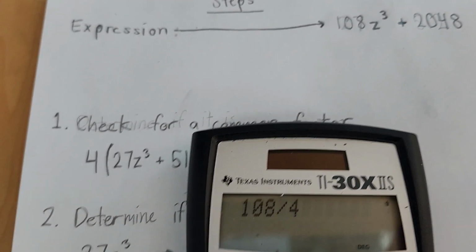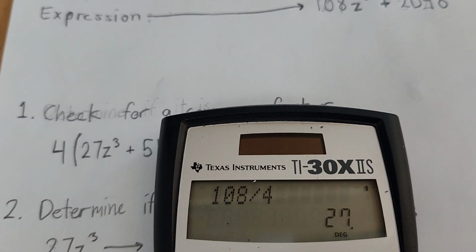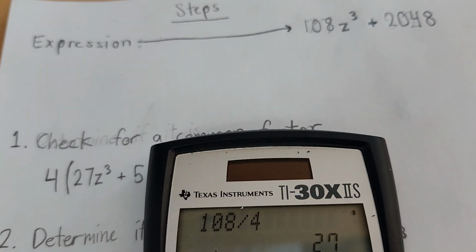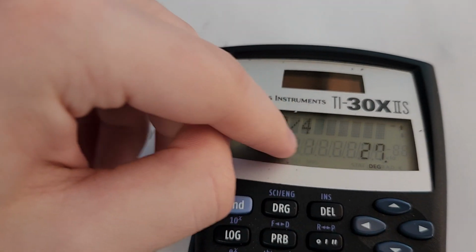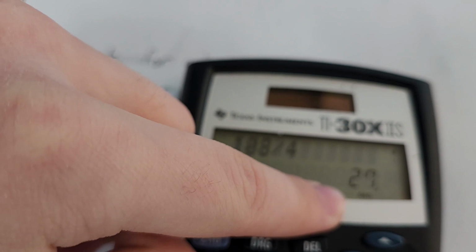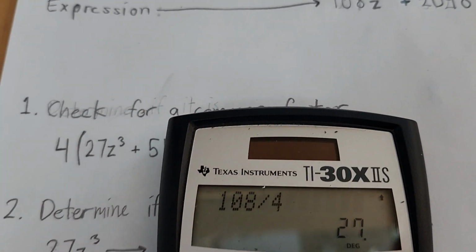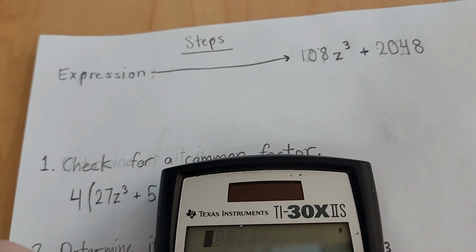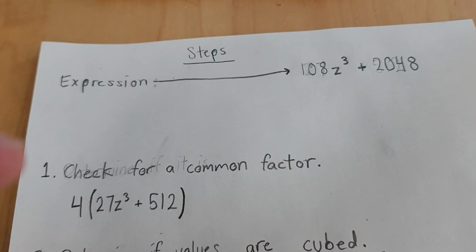With the product and sum method, if this number and this number add together to get your sum, then you can just do that, and it makes it a little bit easier. I'm rambling on, but yeah.